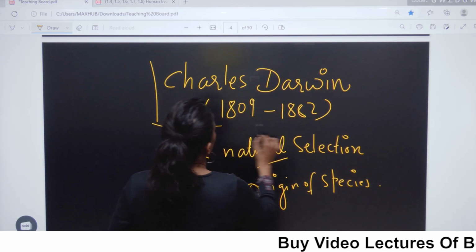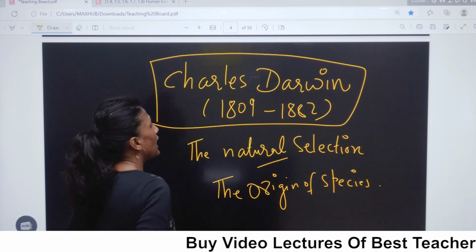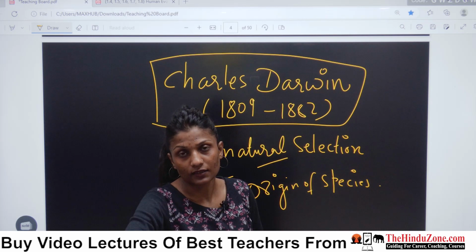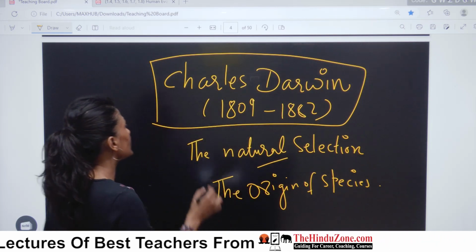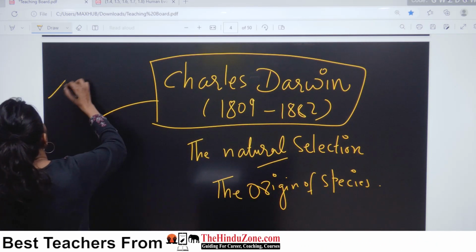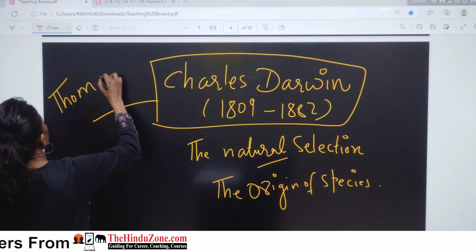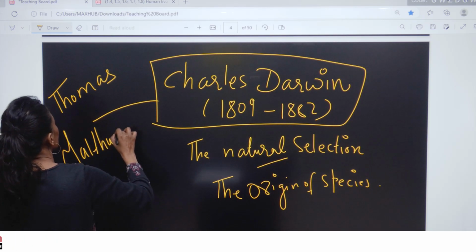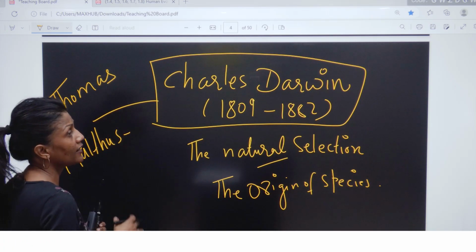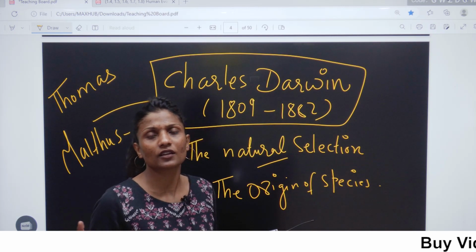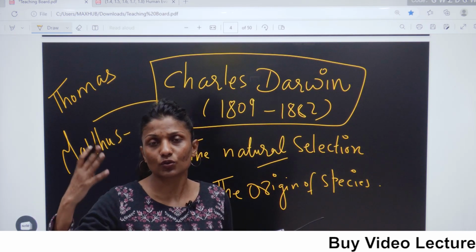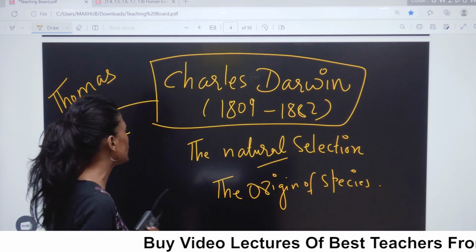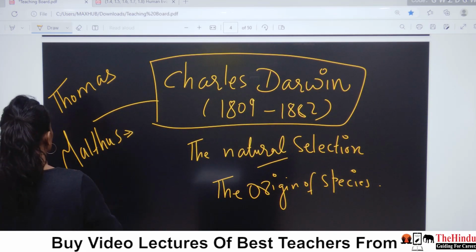To understand Charles Darwin's theory, it is very important to understand the influences on thinkers. When Charles Darwin was writing, he was very much influenced by the writing of Thomas Malthus, who is an important thinker for anthropology, and for everyone in UPSC preparation or any other preparation, to understand population and growth.